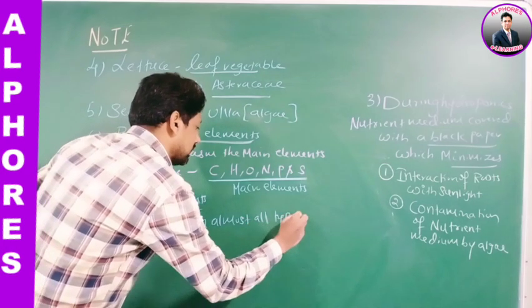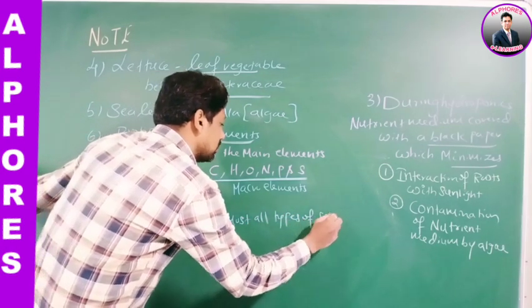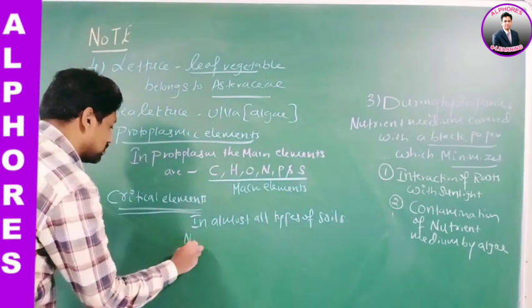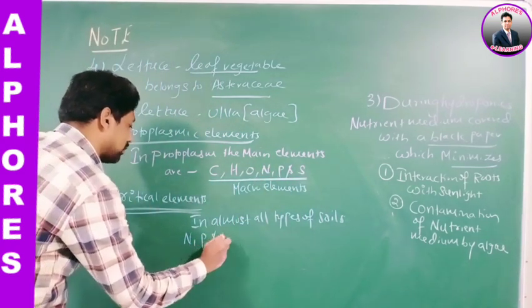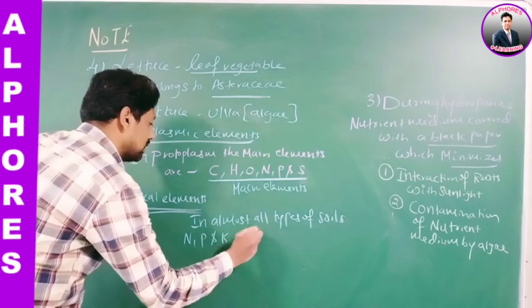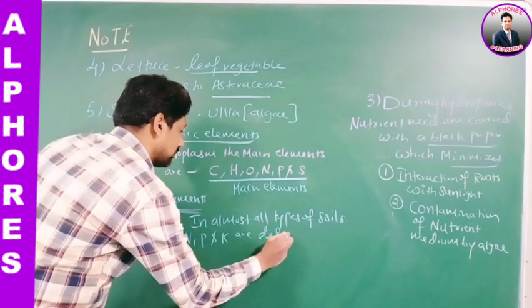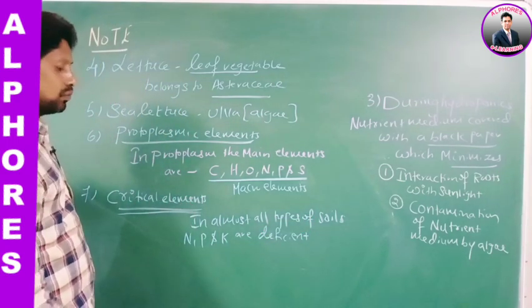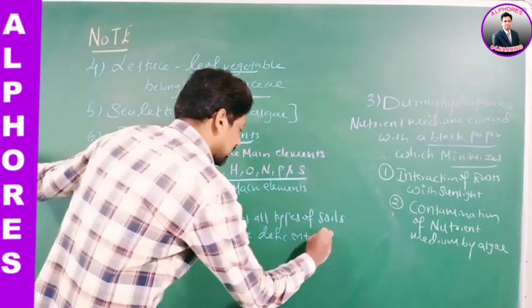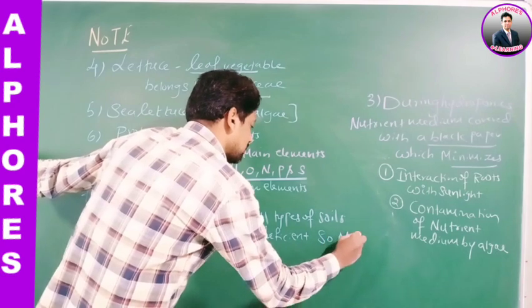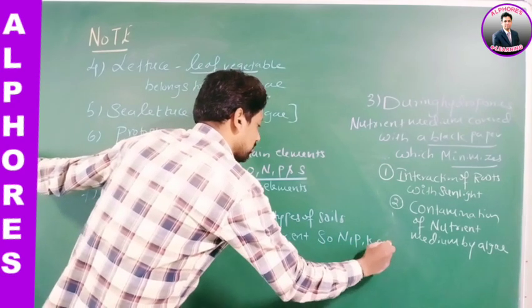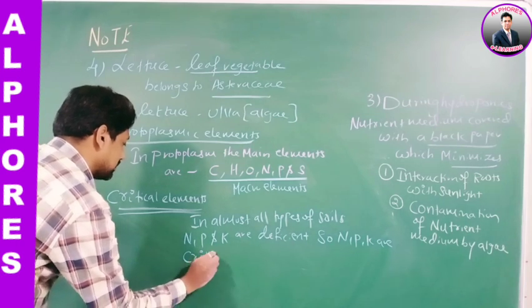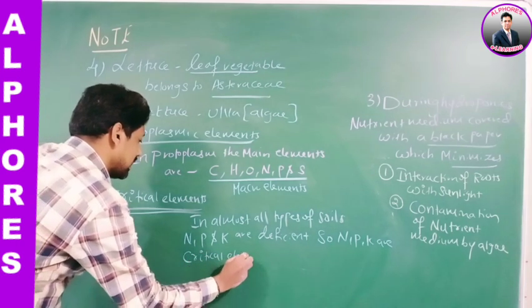So nitrogen, phosphorus, potassium are which elements? Critical elements.